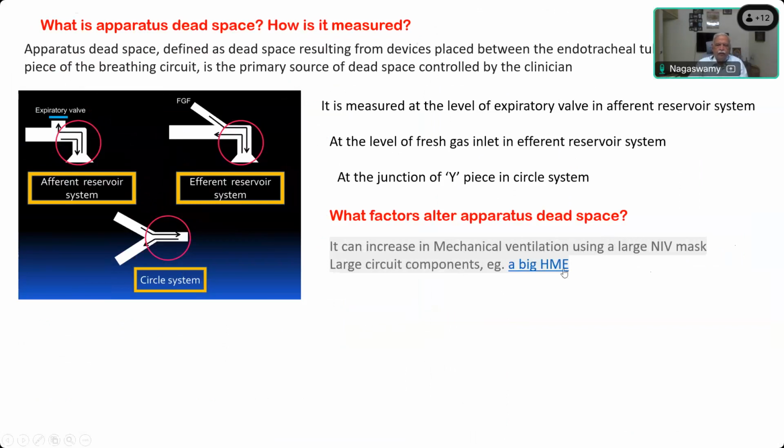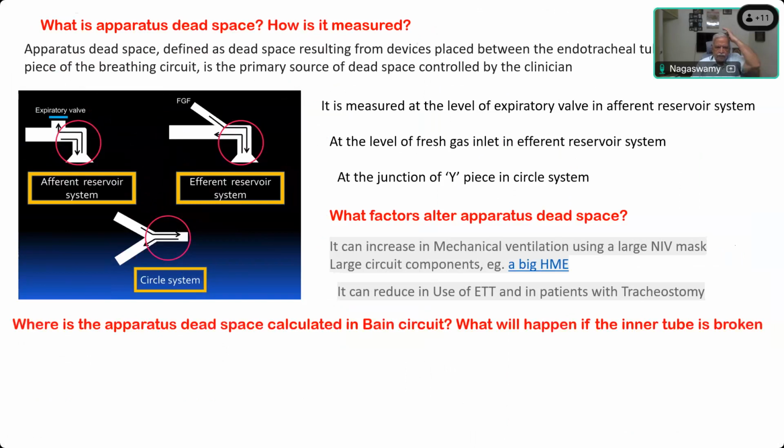If you are going to use a heat moisture exchanger which has multiple layers and a large size, they can all increase the apparatus dead space. And by using an ET tube or in a patient having a tracheostomy, the apparatus dead space can be reduced.